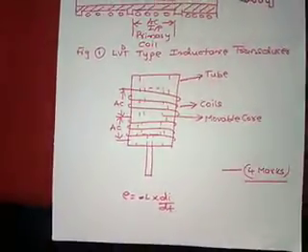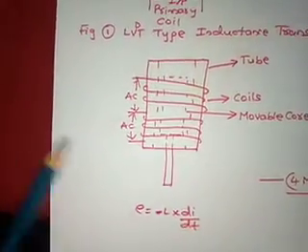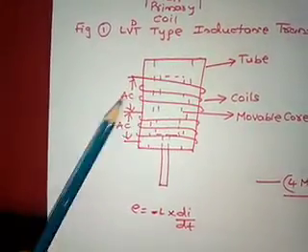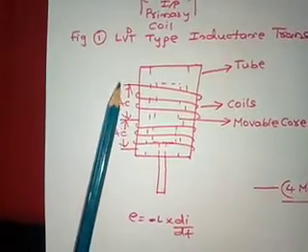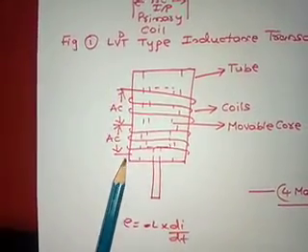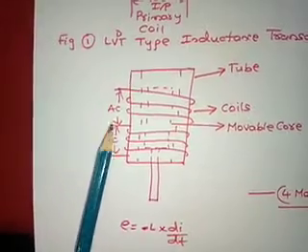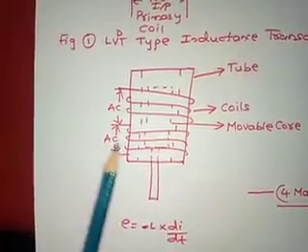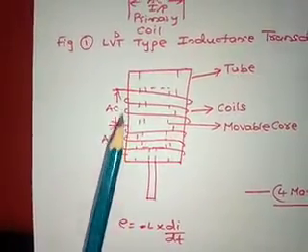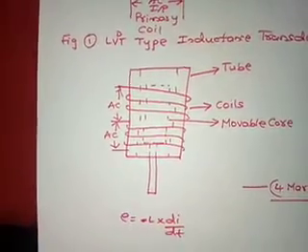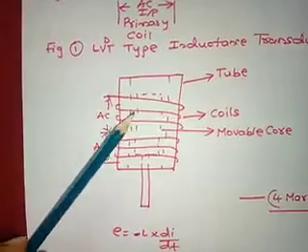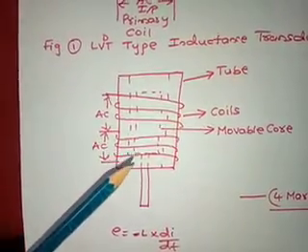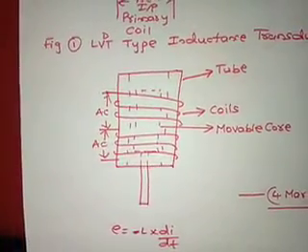This is the LVDT type inductance transducer. The second one, as you can see in this figure, has a tube. On the tube the coil is wound. To increase the sensitivity, the coil is split into two sections, right? The AC input voltage is applied to the coil. When the core is moved inside this tube, the flux linking changes, and when the flux linking changes, the inductance also changes.